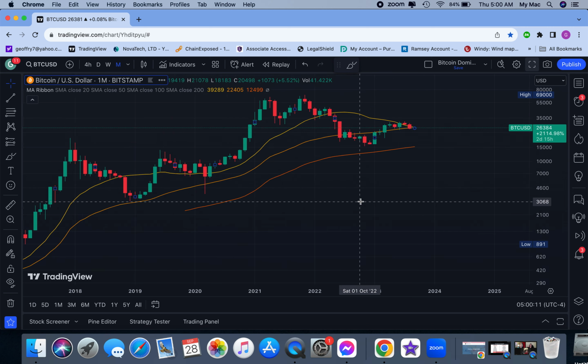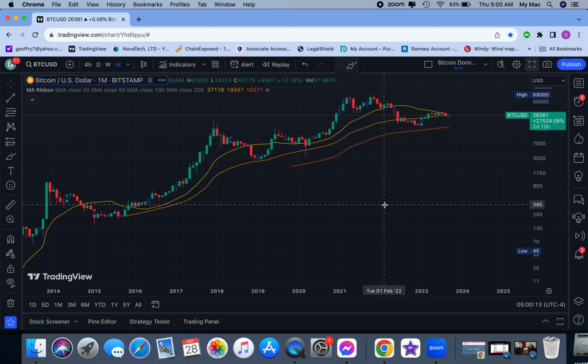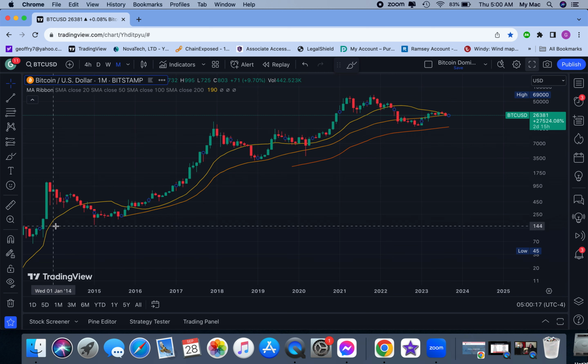And like I said, right now if you zoom out, the bands don't go all the way back. The first band appears clear back in 2013, and the second band didn't appear until 2015. So you can see, once we broke above it and we got above this yellow band, closed a candle above, we went on a massive run.